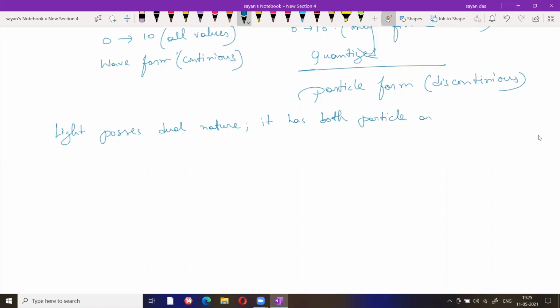First form is the wave form, which is continuous in nature.